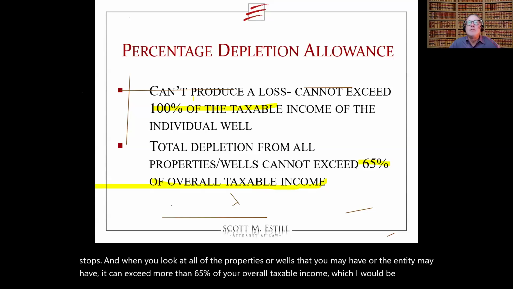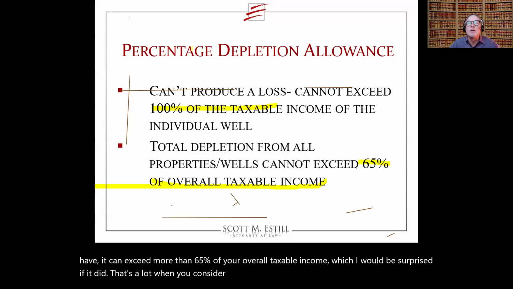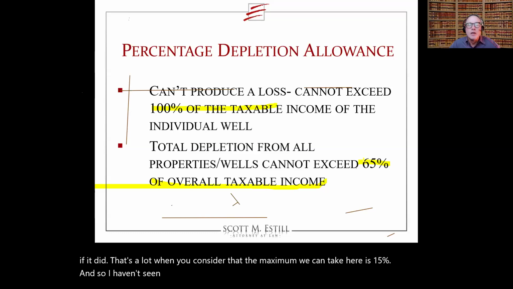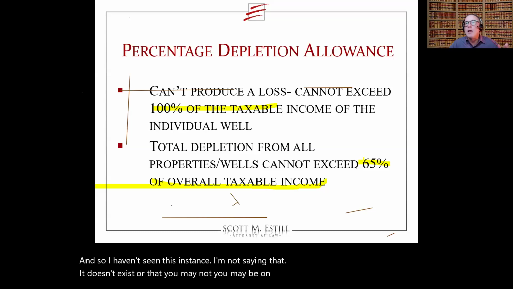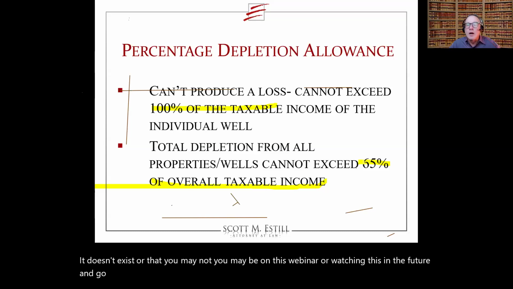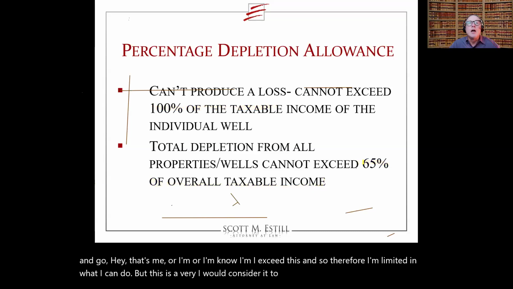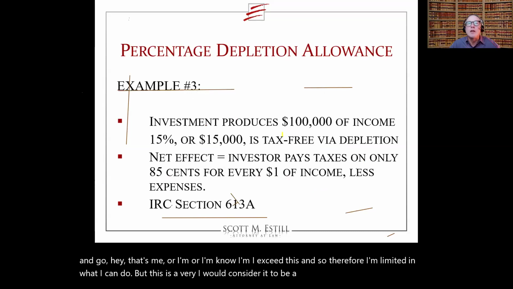That's a lot when you consider that the maximum we can take here is 15%. And so I haven't seen this instance. I'm not saying that it doesn't exist, or that you may not be on this webinar or watching this in the future and go, well, hey, that's me, I exceed this, and so therefore I'm limited in what I can do. But I would consider it to be a very rare provision that would kick in.